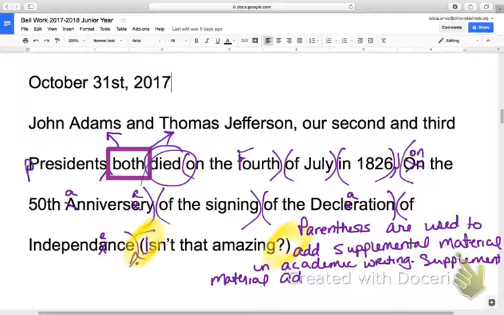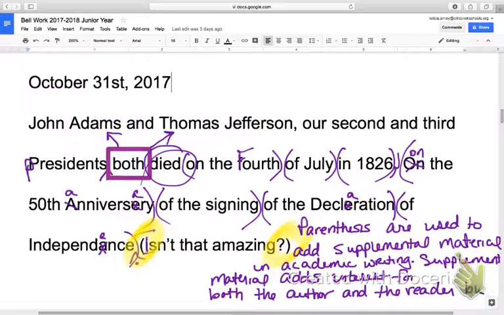It adds interest for both the author and the reader, but holds little value to the original essay. Okay, I hope you guys got that.